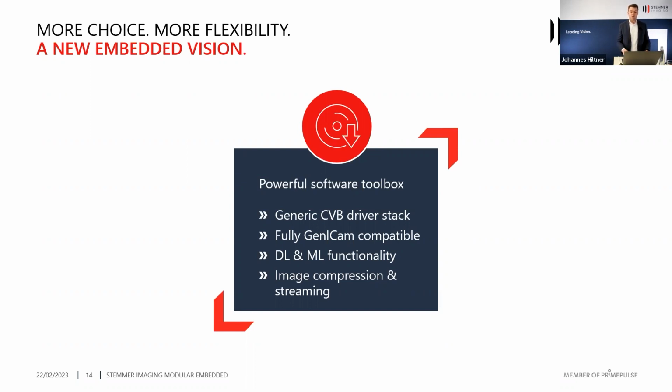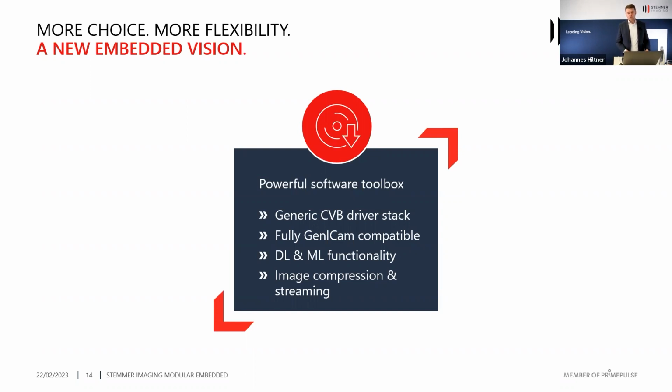The software package also comes with dedicated deep learning and machine learning functionality, which can be used for customized application-specific image processing tasks. And it also comes with image compression and image streaming functionality.